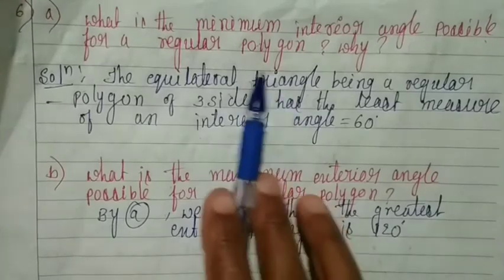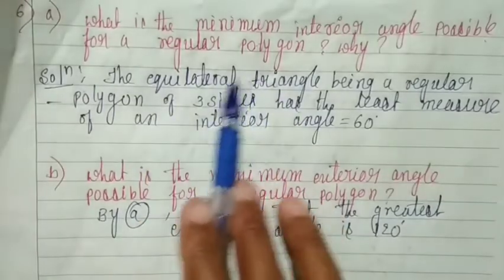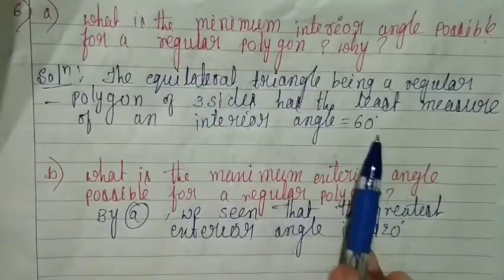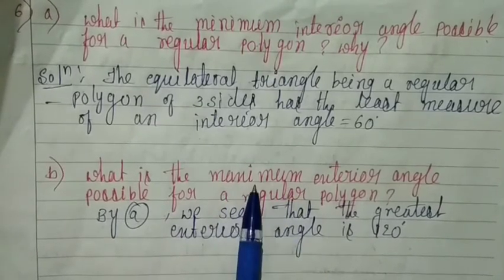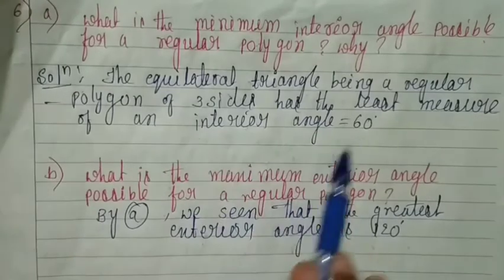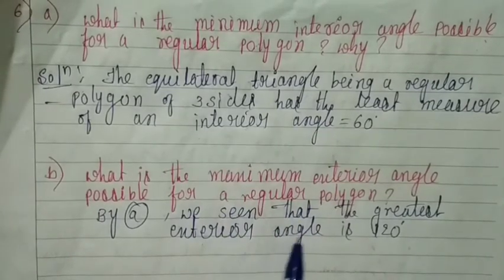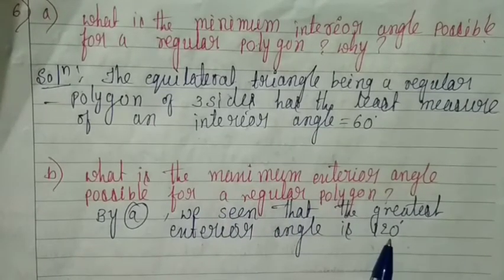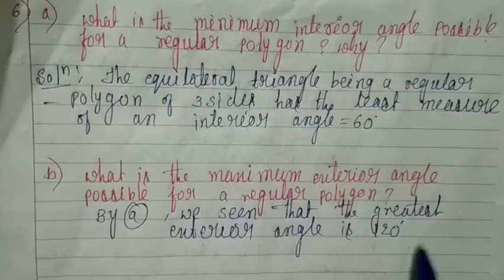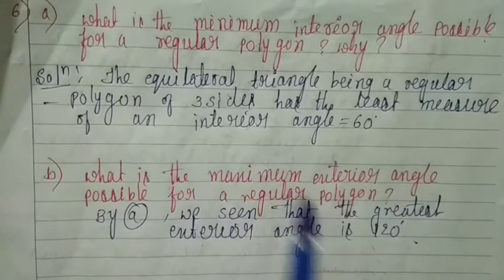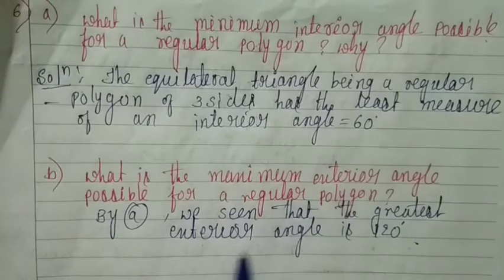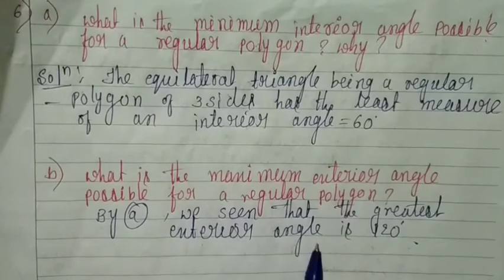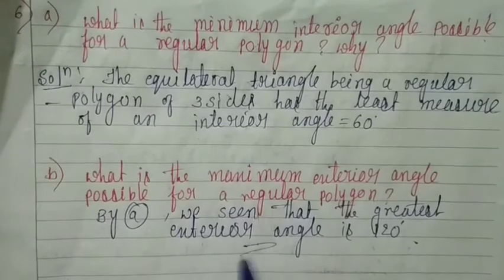In this case, by A, we can see that the greatest exterior angle is 120 degree. 120 plus 60 is equal to 180 degree. So the minimum interior angle is 60 degree, and the maximum exterior angle is 120 degree.